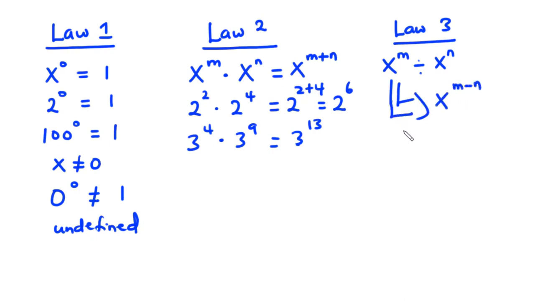If you want to divide indices of the same base, then you want to subtract their exponents. So x exponent m divided by x exponent n is equal to x exponent m minus n. So if you have 10 exponent 3 divided by 10 exponent 1, then it's basically 10 exponent 3 minus 1, which is equal to 10 exponent 2.